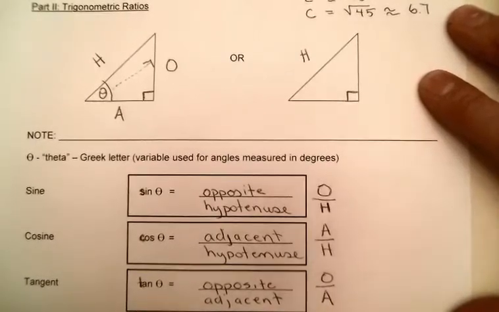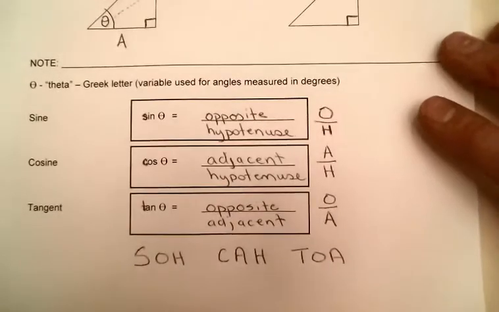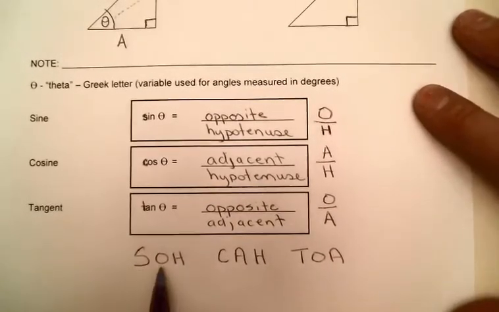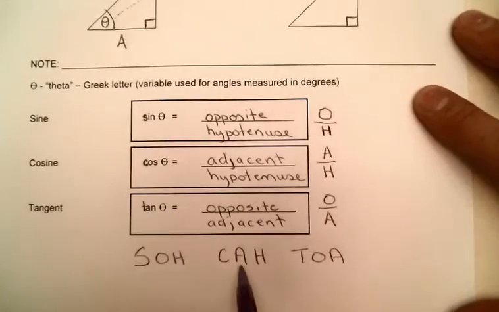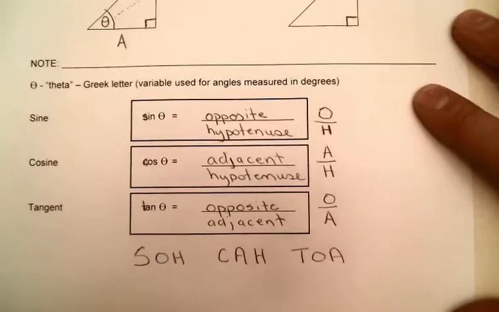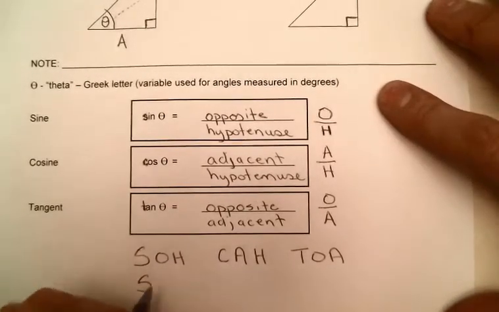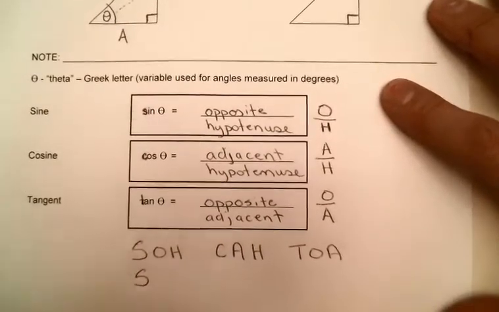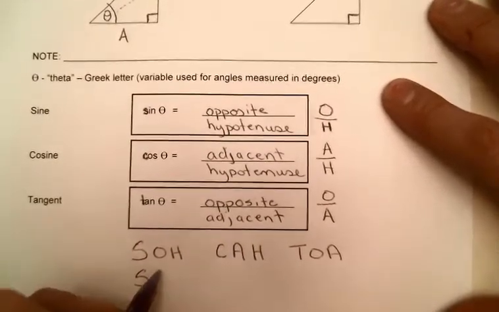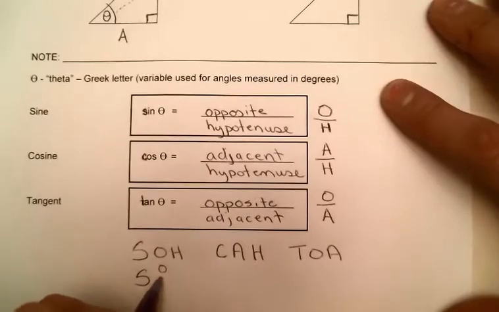And the memory aid we use is right there. Sine is opposite over hypotenuse. Cosine is adjacent over hypotenuse. And tangent is opposite over adjacent. And an even better way to write this would be sine. It helps me remember it if I say the sine of theta, I'll always take the opposite and divide it by the hypotenuse.